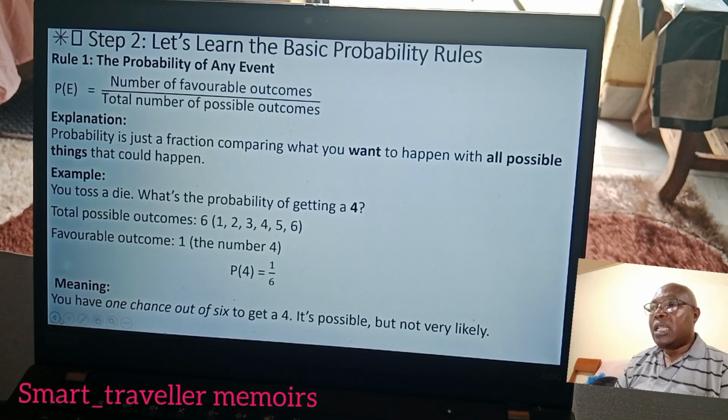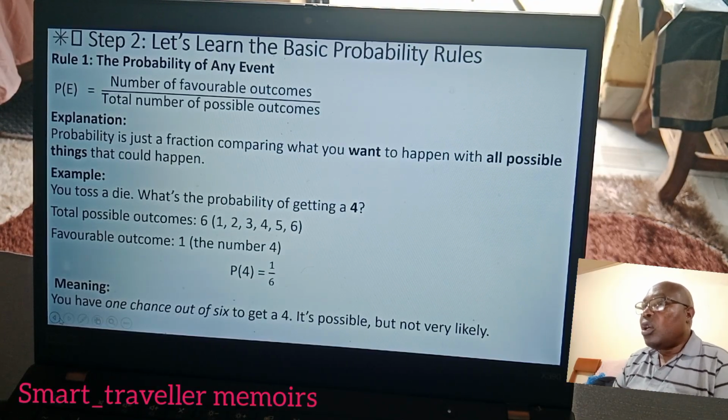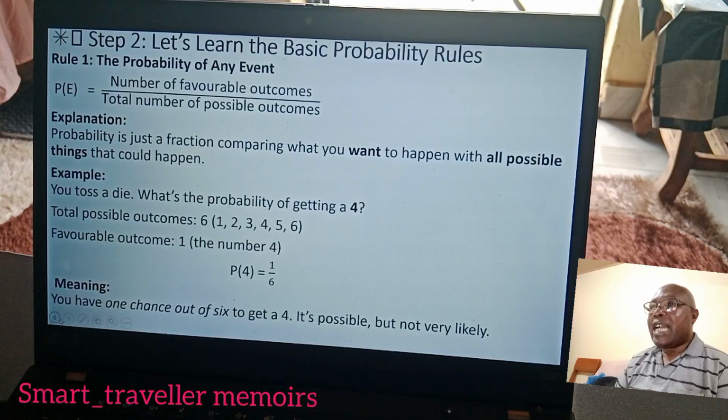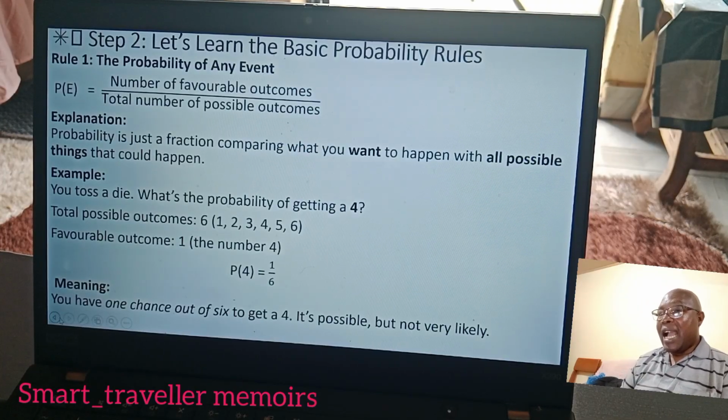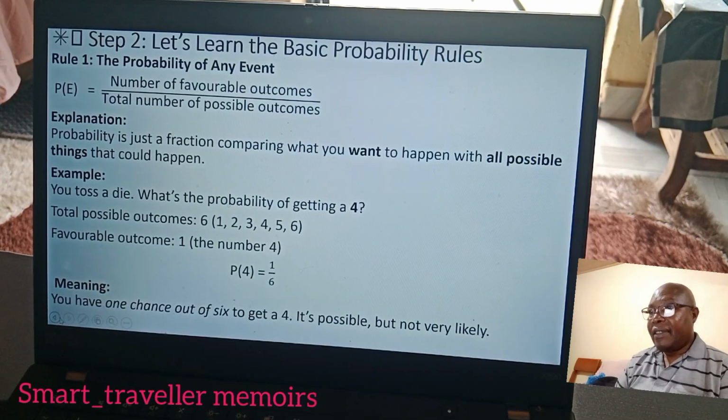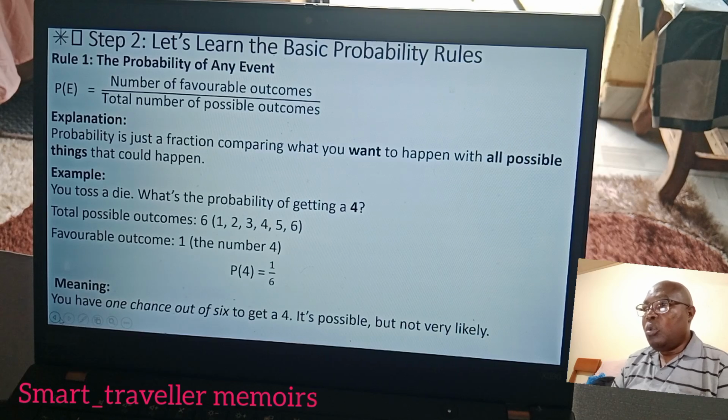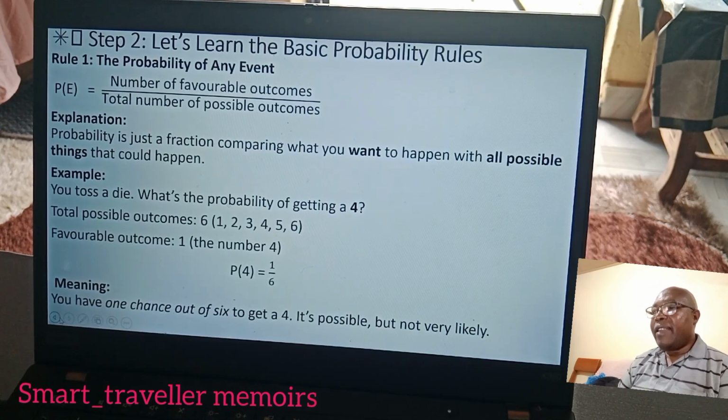Probability is just a fraction comparing what you want to happen with all possible things that would happen. Example, you toss a die. What is the probability of getting a 4? Total possible outcomes are 6. That is 1, 2, 3, 4, 5, 6.